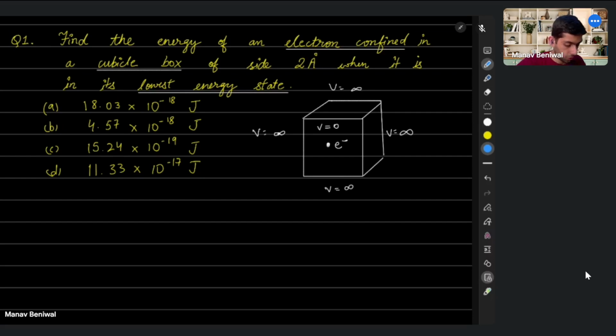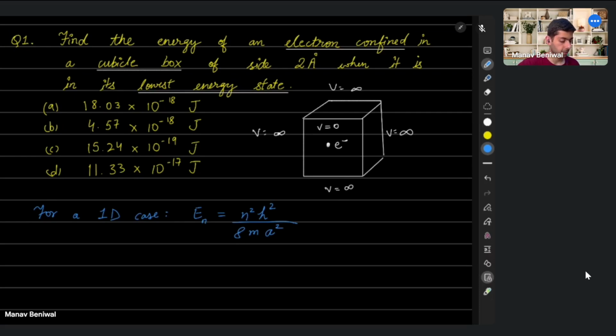So for a 1D case, what is the energy? The energy is h squared n squared over 8m a squared, where a is the length of the box.